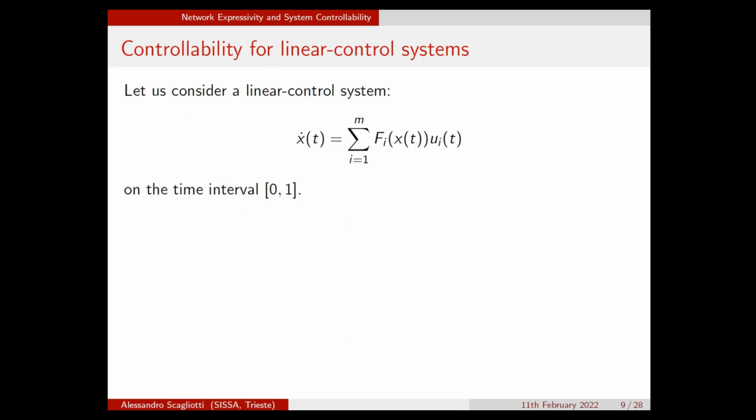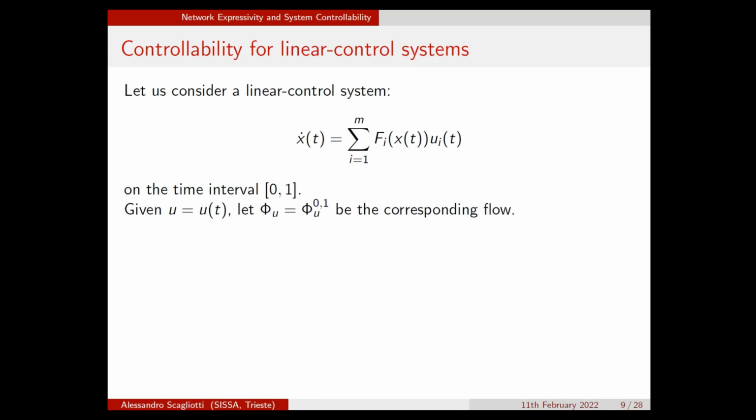Okay, so now let's simplify the notation a little bit and start talking about controllability. We are dealing with a linear control system and we can reduce, without loss of generality, to the time interval 0, 1 instead of a generic time interval 0, T. It is done just by rescaling the controls.